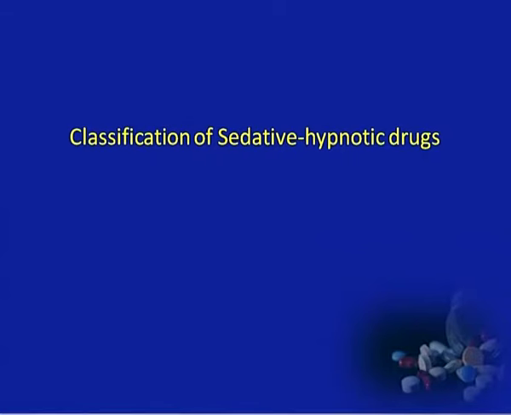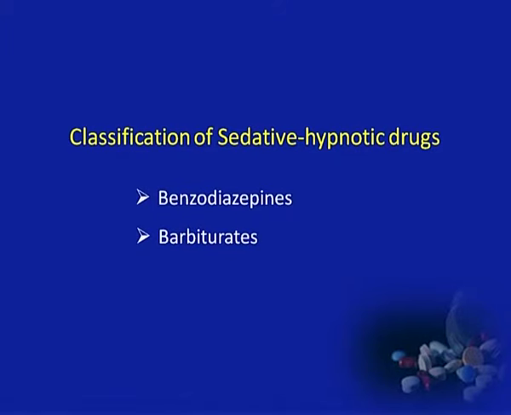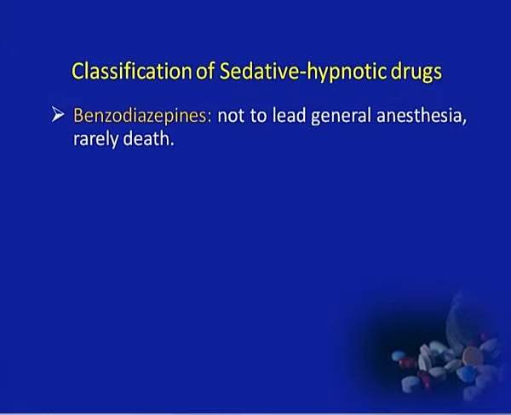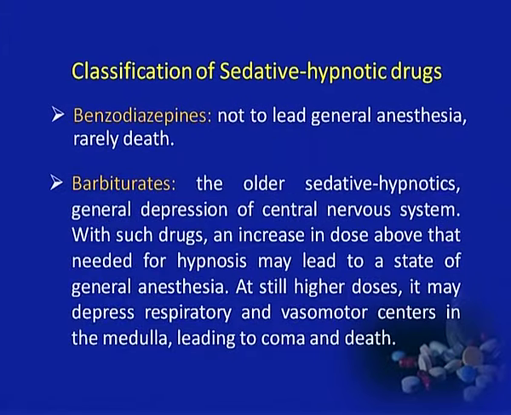Let's classify the sedative hypnotic drugs. The first category is benzodiazepine drugs, then barbiturates and other classes of drugs. Benzodiazepines do not lead to general anesthesia and rarely cause death. The second category, barbiturates, are the older sedative hypnotic drugs, causing general depression of the central nervous system.